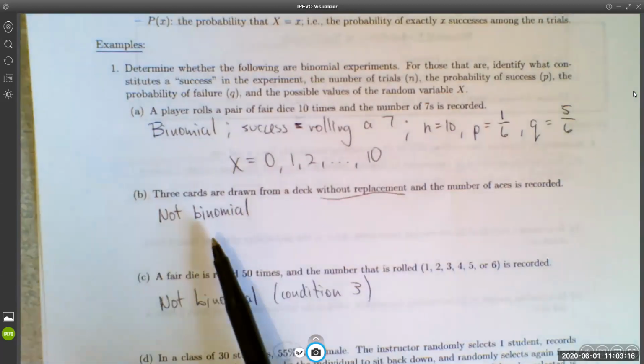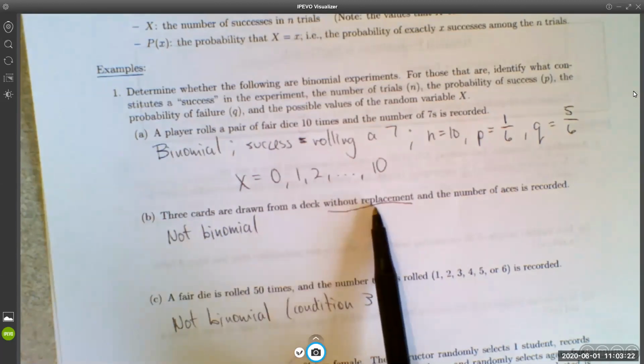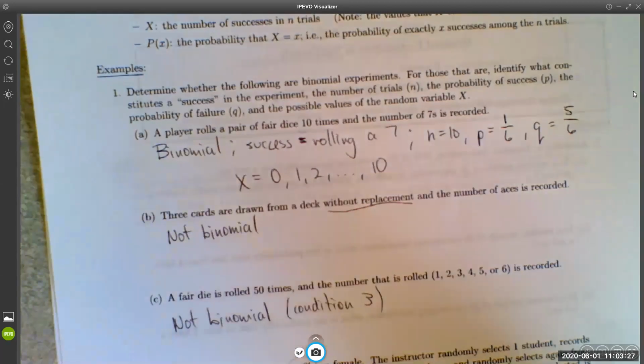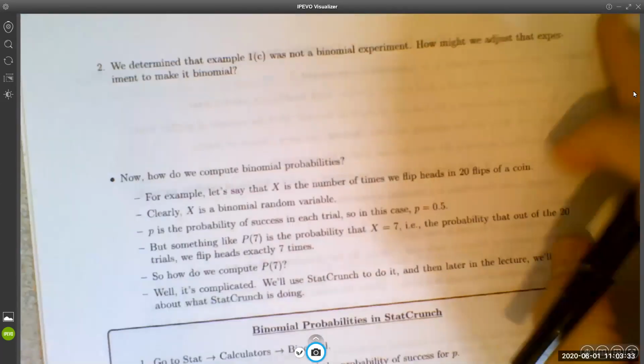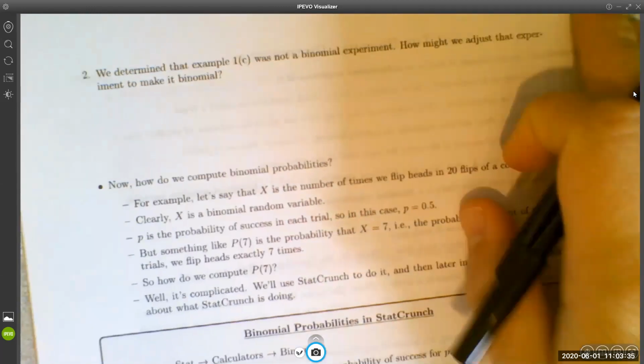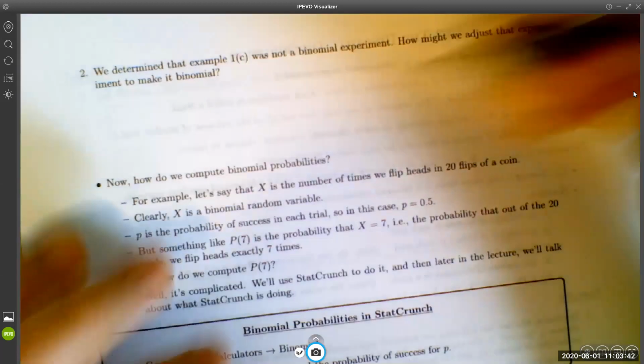We weren't asked to do this, but looking at part B, you could make part B binomial pretty easily as well. All you have to do is put the cards back in the deck before you make the next draw. So you can almost always turn a probability experiment into a binomial experiment, and that's why they're so important to understand, and why they come up so much. How might we adjust this experiment to make it binomial?